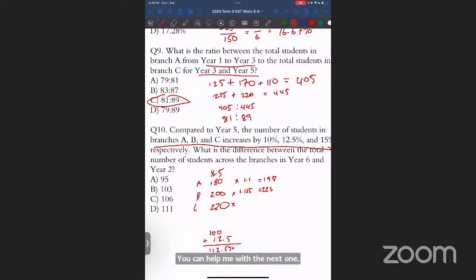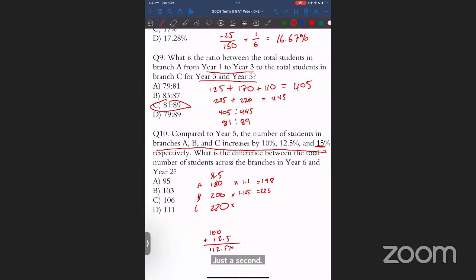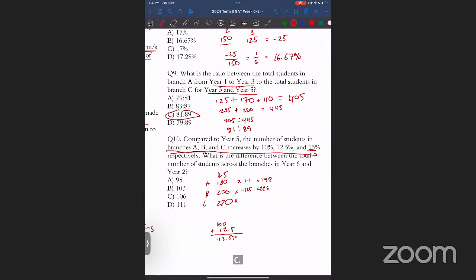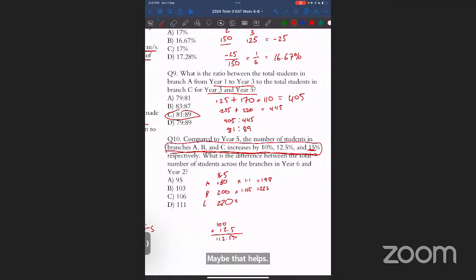Branch C increases by how much? You can take a look at this line here. Maybe that helps. Branch C 15%. So we take the initial 100% and add 15%.